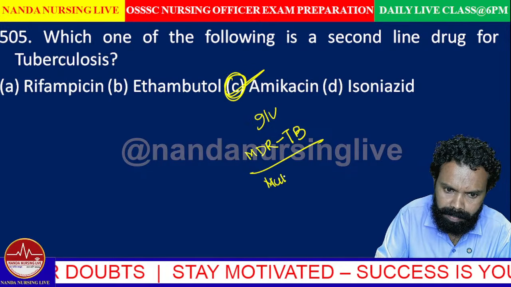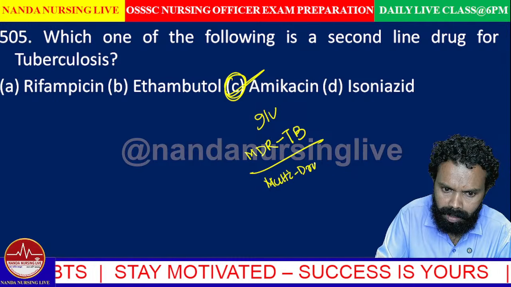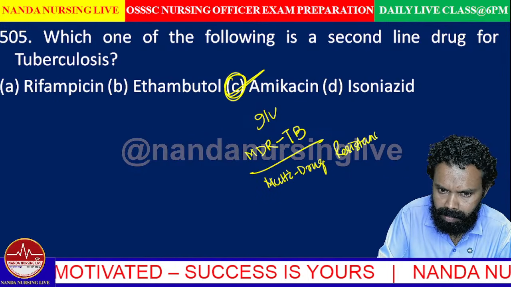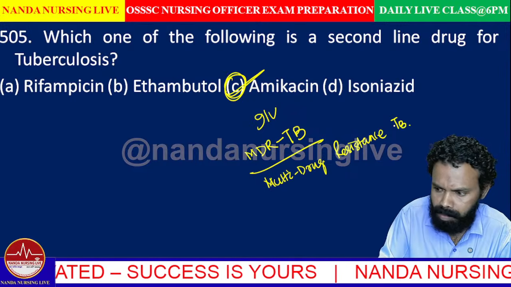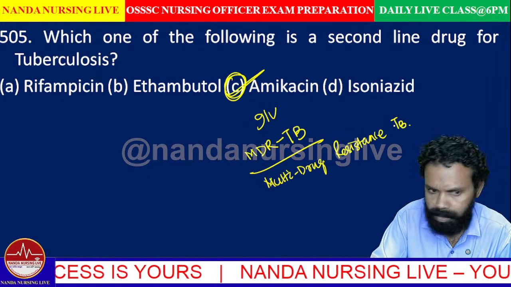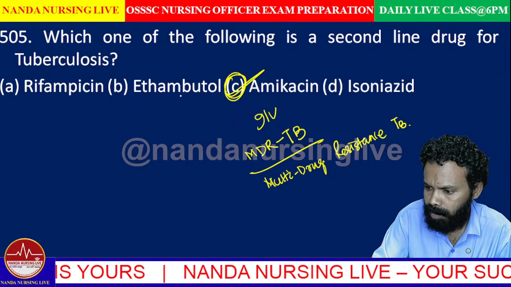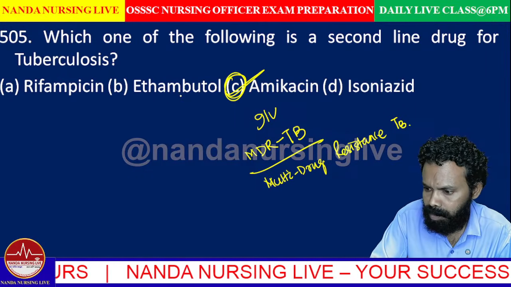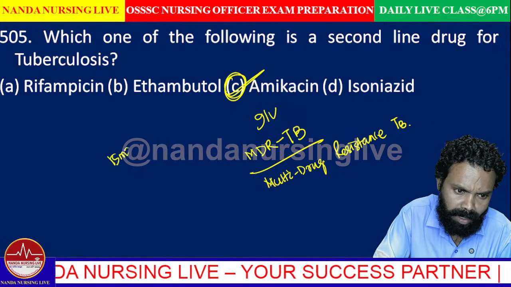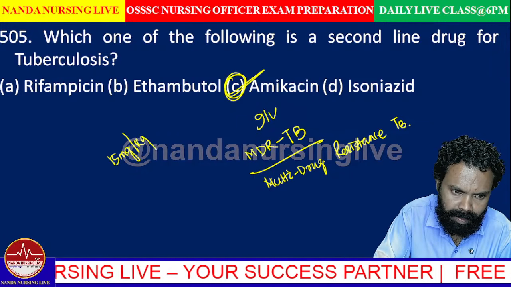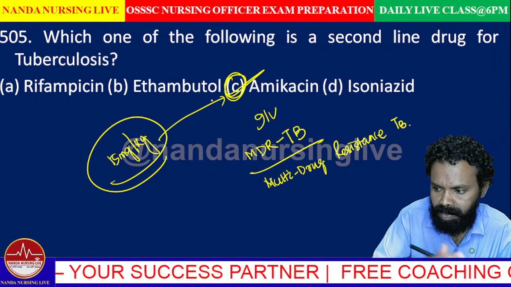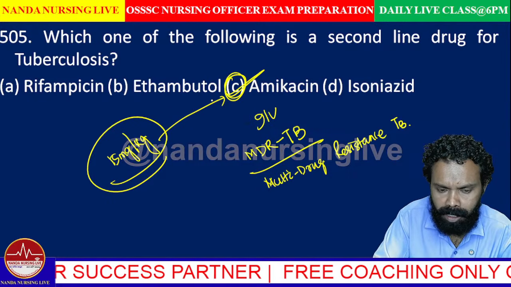Amikacin is given at 15 milligram per kg for the treatment of MDR TB.